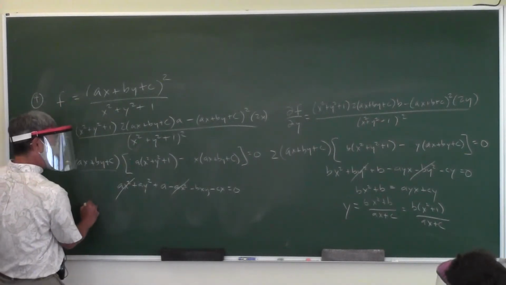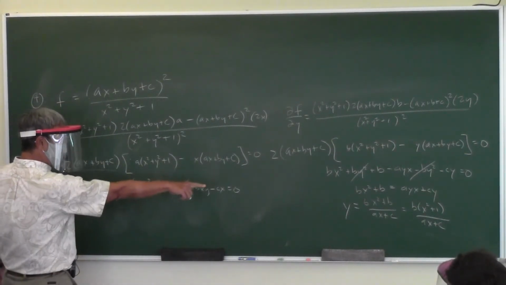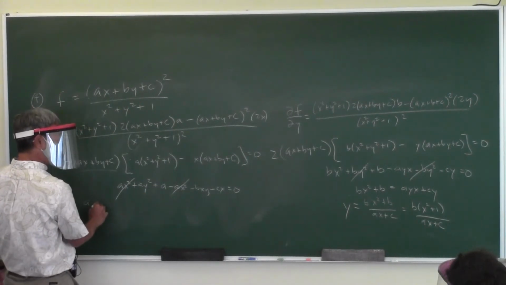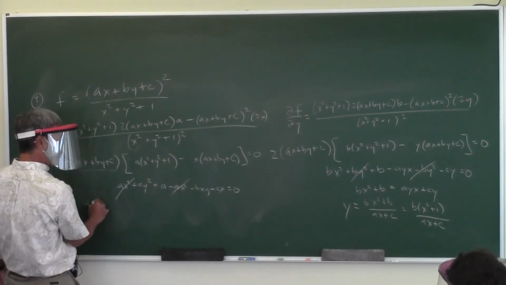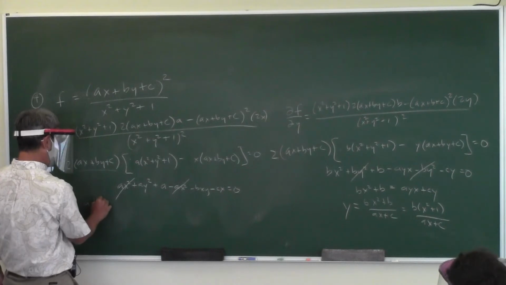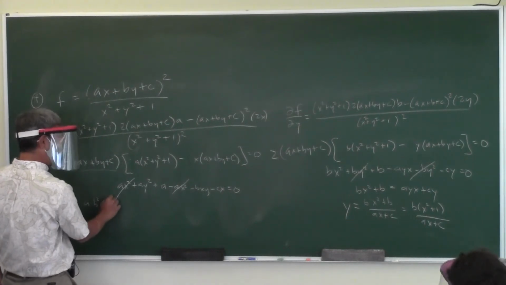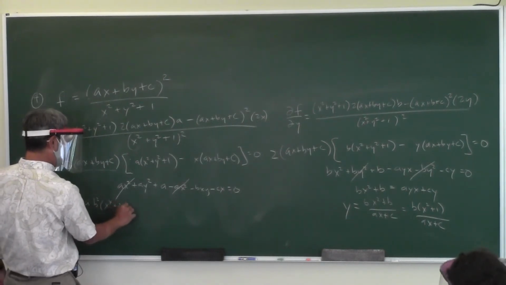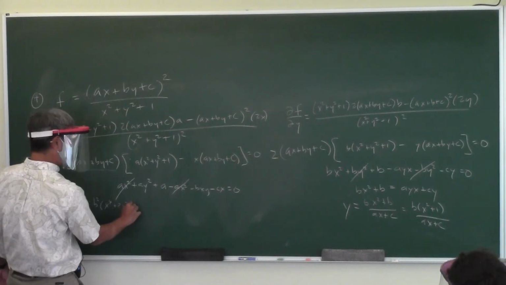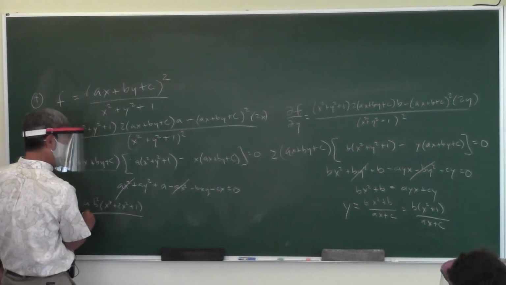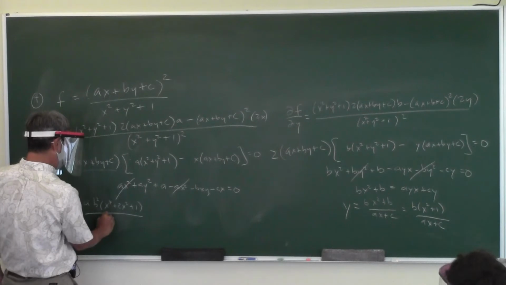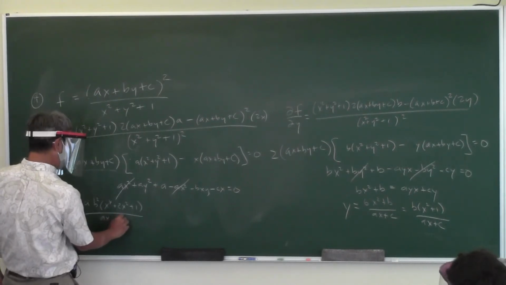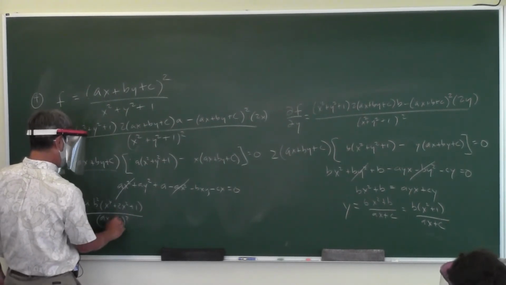Okay, so a times that thing squared. b squared x to the 4th plus 2x squared plus 1 all over, maybe we should just leave ax plus c quantity squared.